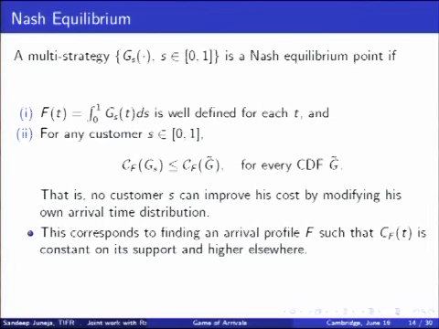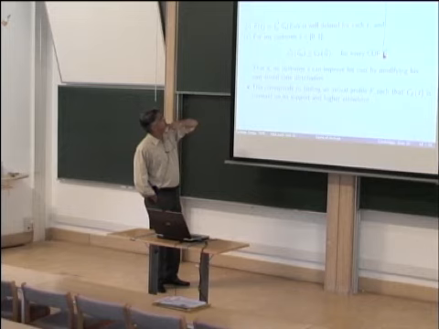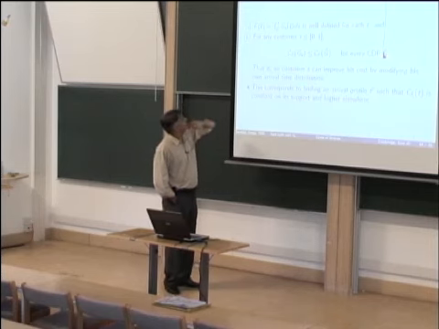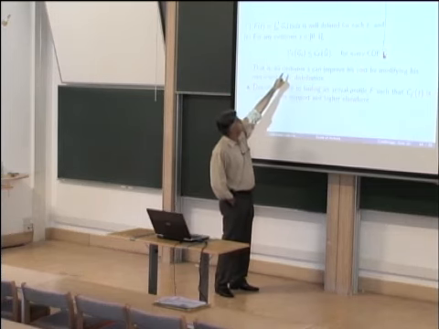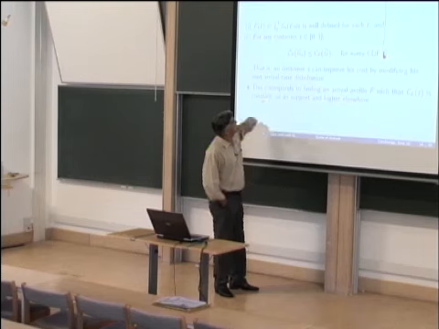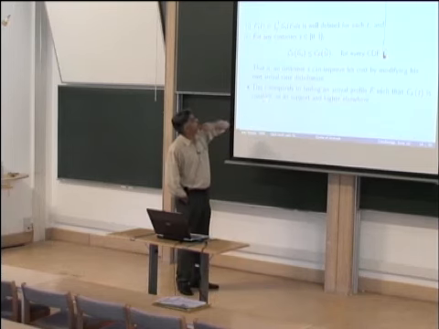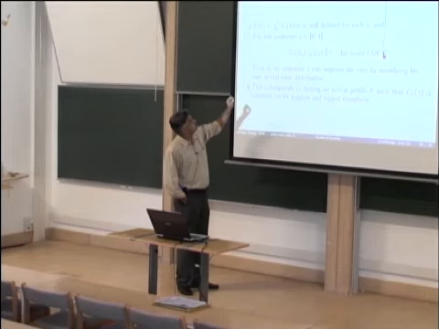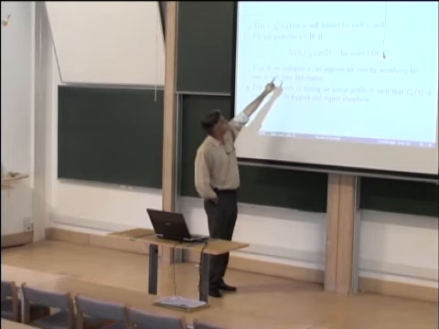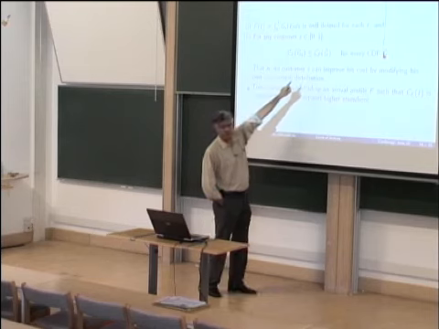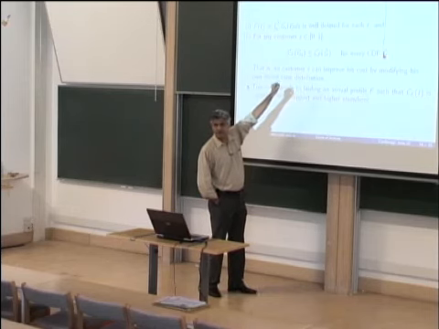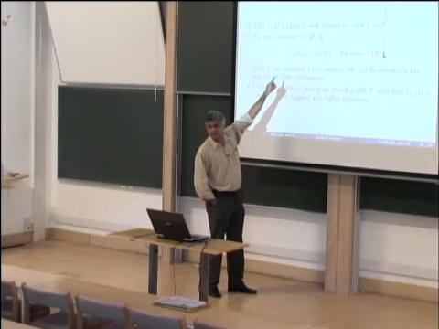If the arrival profile is well defined, f of t, so that's just the average of all the arrival profiles of each customer, then we say that this multi-strategy arrival profile is a Nash equilibrium if the cost when you use G sub s is better than the cost for every customer s. If he uses G sub s, then he gets a lower cost than if he uses any other distribution for arrival, given that f is the overall arrival profile.